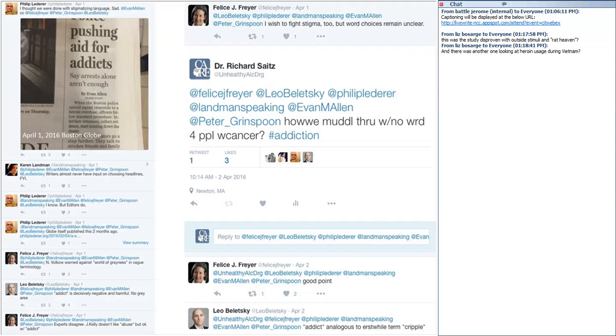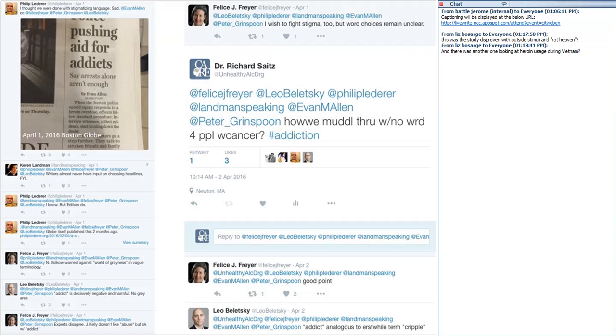These were some tweets because although the Boston Globe called for using appropriate language, just a few weeks later they published another article that used addicts in the title, and a number of us began tweeting about it. And a reporter lamented that word choice was unclear and complained that a person with substance use disorder or person with addiction was too long, it was too many words.